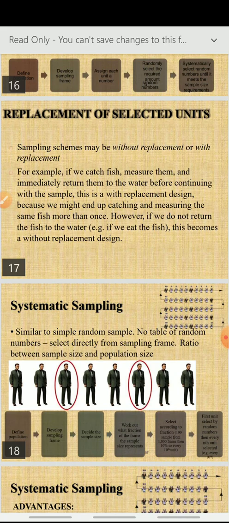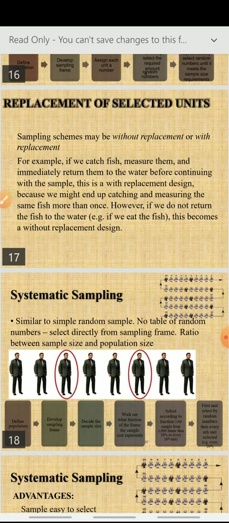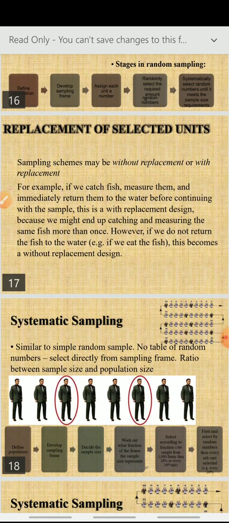Similarly, suppose we are doing a study on consumers' perception of retail stores in the Delhi NCR area. Once we have recorded the responses of the consumers, if we again get in touch with the same consumer and record their responses twice, that is wrong.